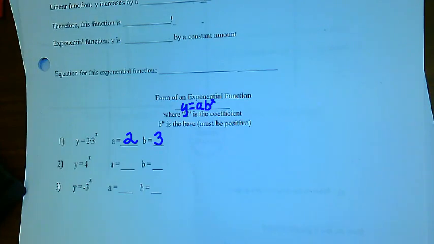The thing they pointed out is that it must be positive. Whatever is being raised to the power, that's our b value, so always do that one first if you don't know what it is. If there's nothing in front, like there is for number 1, then a is just 1. This b must be positive if we're talking about an exponential function. So b is actually 3, and then a would be -1.